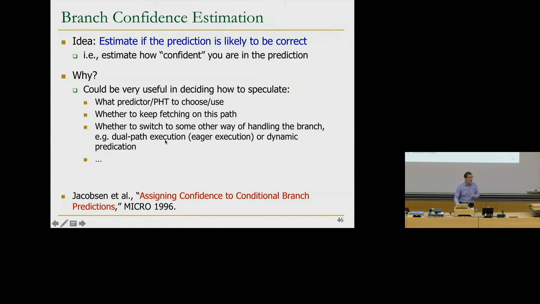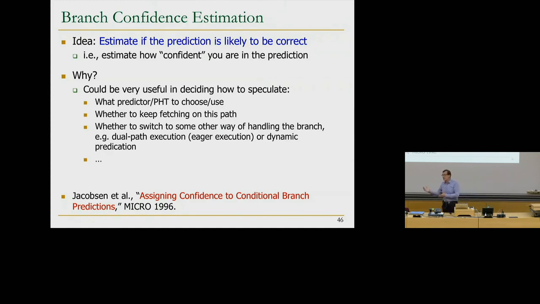Or you could maybe switch to some other way of handling branch, which we may talk about if we have time. For example, you can say, okay, I'm not very confident. There are two paths after this branch. I'm at a fork, and I have the mechanism to fetch from both paths. And I'm going to use that at this point in time. If you have the hardware to be able to do that, then this may be a good way of handling that branch, right?